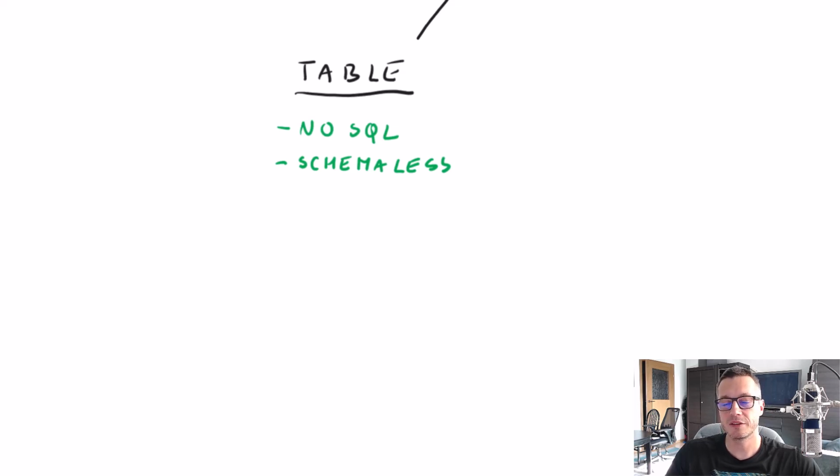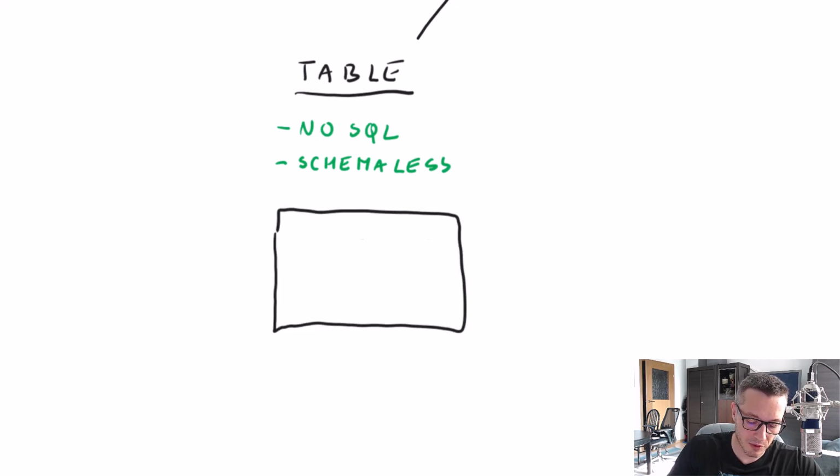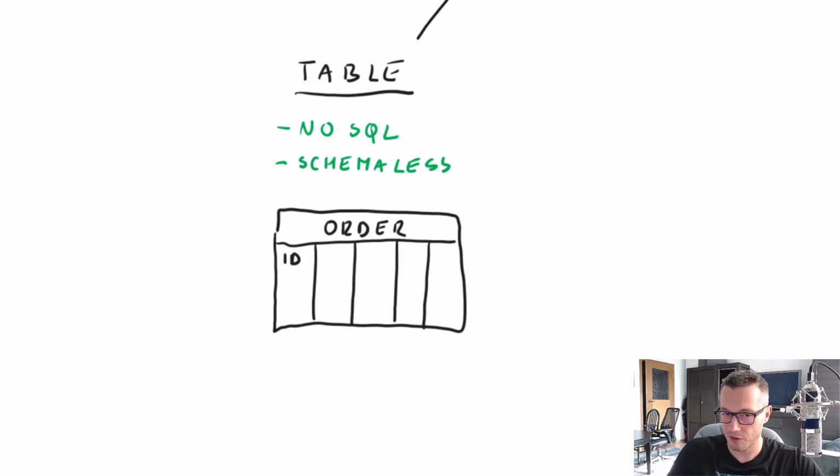So if you think about traditional databases, relational ones like SQL Server, what we did in there was to create some tables. And those tables had some fixed schema. For example, we might have an order table that would have an ID column of integer type. We would have customer ID, some sale date, and so on. We have the schema defined up front.